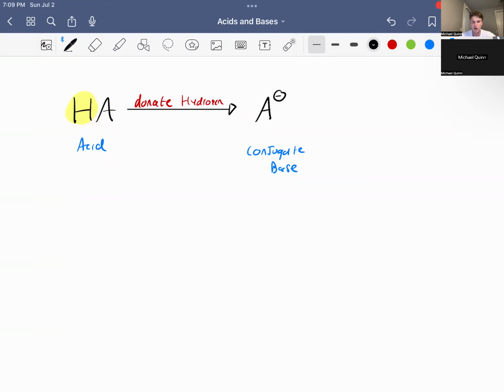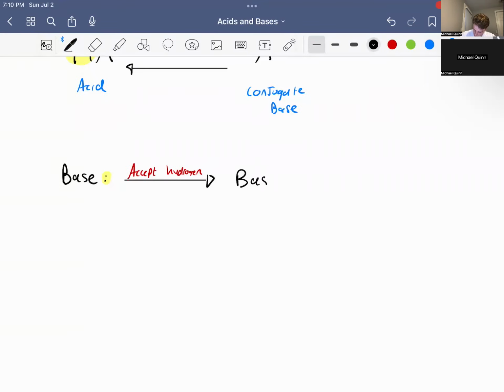Now, the conjugate base could then take a hydrogen and become the acid again, and we could see an equilibrium reaction like that. If we see a base with a lone pair ready to accept a hydrogen, once we see that base accept a hydrogen, the base will now have a positive charge.